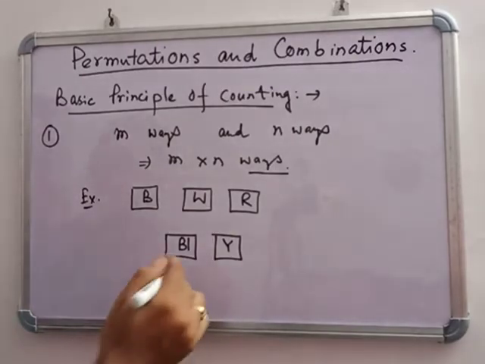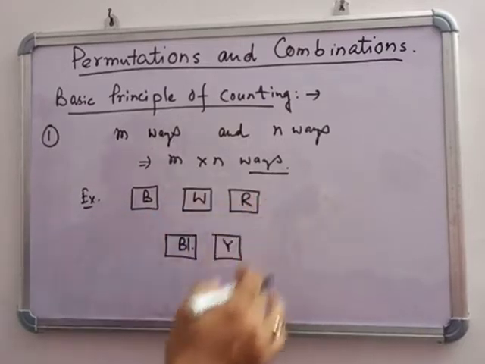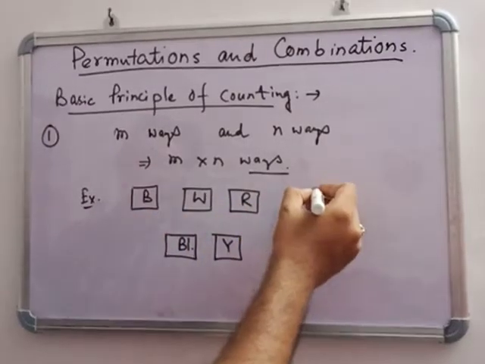You have to choose any 2 from them, one bottle and one pencil. So how many ways can you choose?